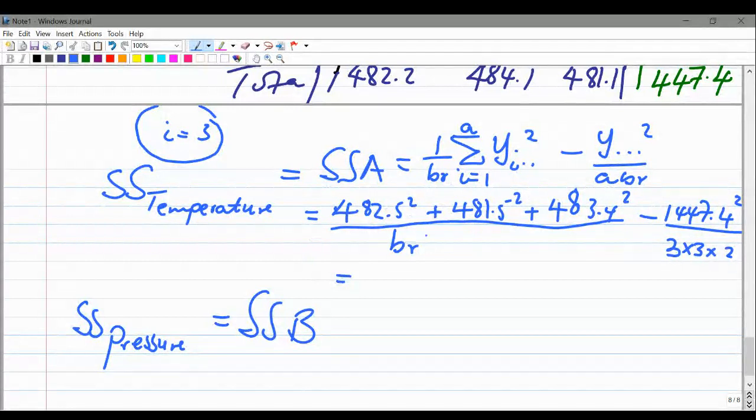So what is the first part here? This one, BR. We can change the B because B is 3 multiplied by 2. R is 2. So what is the first part, guys?